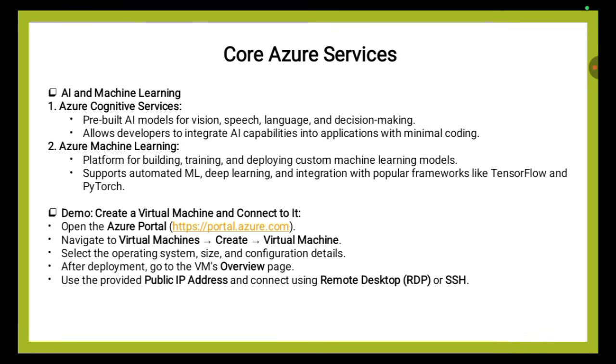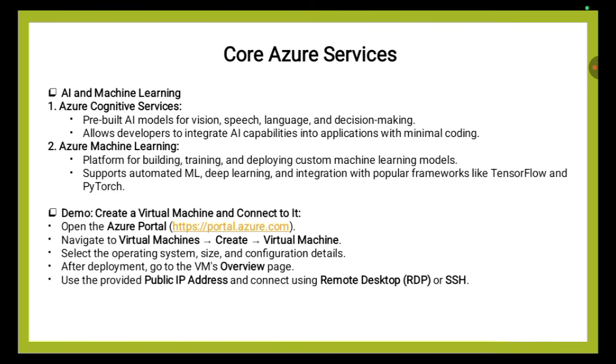It supports services like computer vision, language understanding, and speech recognition. Azure Machine Learning is a platform for building, training, and deploying machine learning models. It supports automated machine learning, AutoML, deep learning, and popular frameworks like TensorFlow and PyTorch. The platform enables data scientists and developers to create custom models, manage them efficiently, and integrate them into production environments.